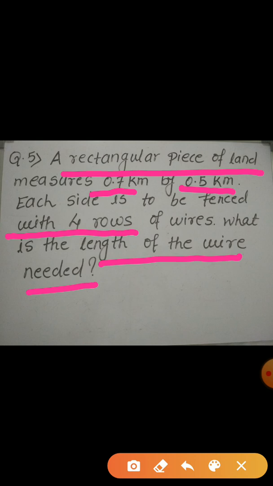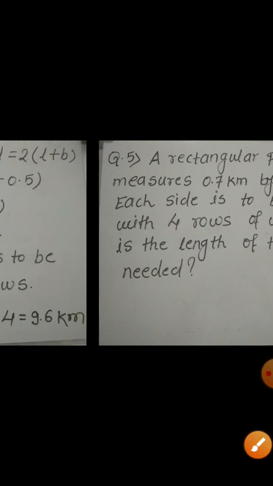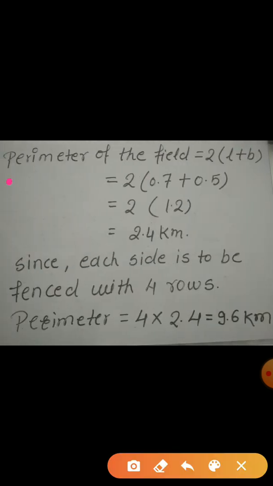Now again we know that fencing we are always doing at the outer side of any shape, right? So the length of wire required for fencing is the same as the perimeter of the land. So to find the length of wire required, we need to find the perimeter of the land first, right? So here I am going to find the perimeter of the field, or you can say the perimeter of the land.